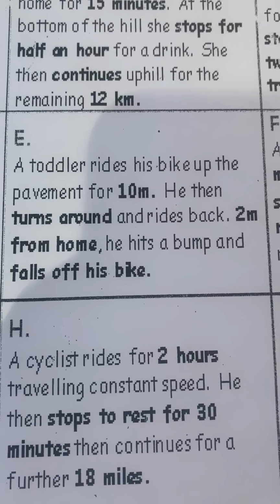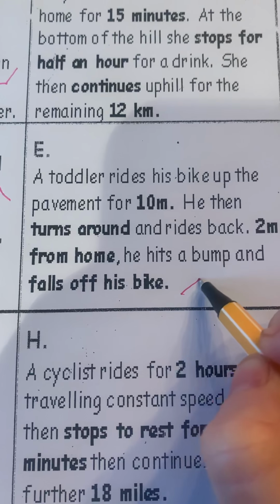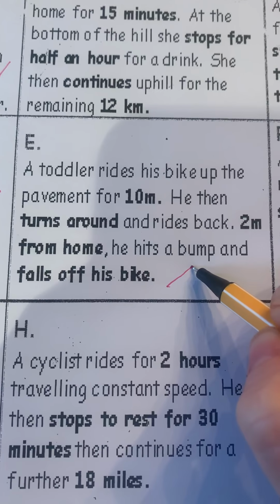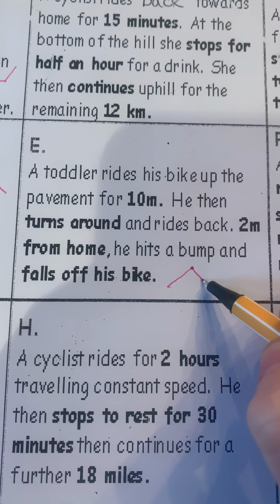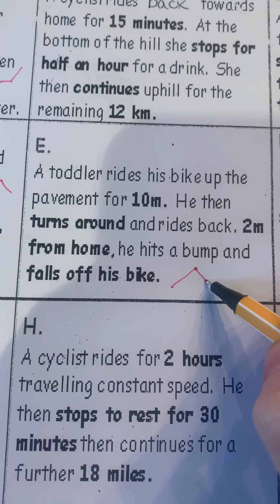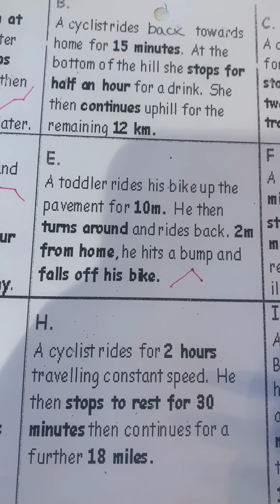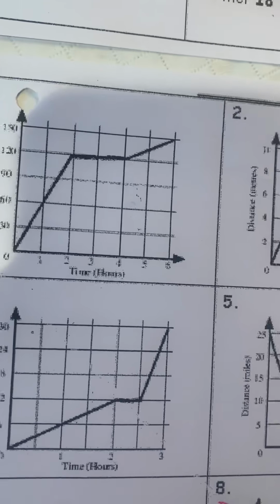E. A toddler rides his bike up a pavement for 10 meters. So we're going to look for something with 10 meters. He then turns around and rides back 2 meters from home. He hits a bump and falls off his bike. Something with 10 meters.